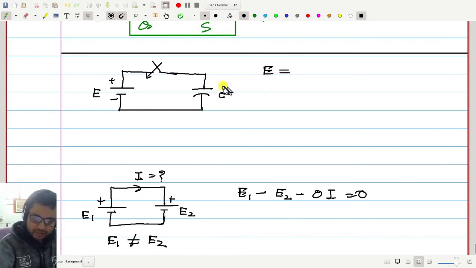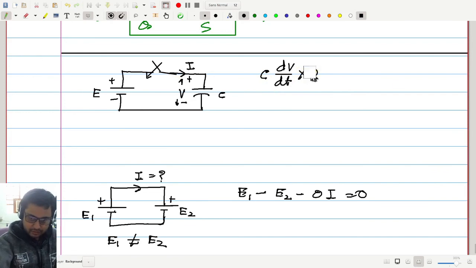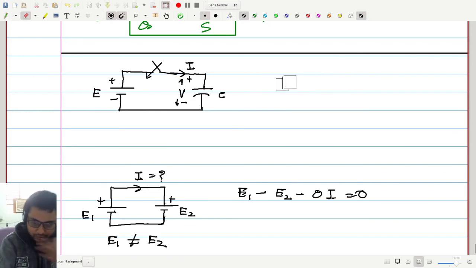If this current is I, and if this voltage is V, let me write the normal equation first.